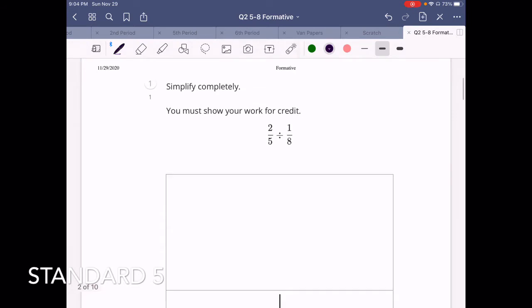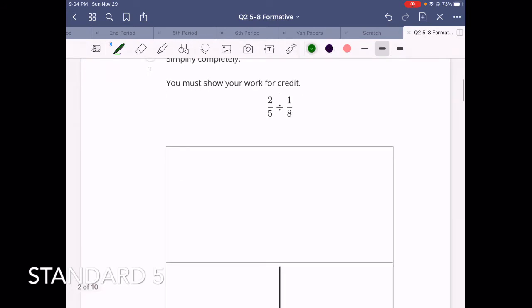Hopefully you remember that dividing by a fraction is the same as multiplying by the reciprocal. 2/5 divided by 1/8 is the same as multiplying by the reciprocal, right? Still need the line.